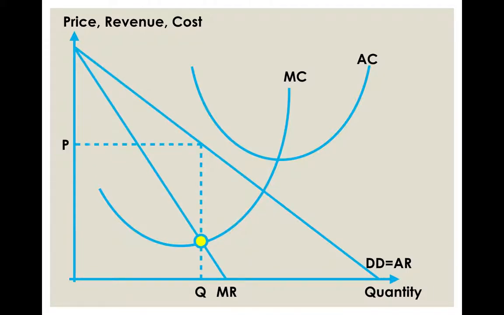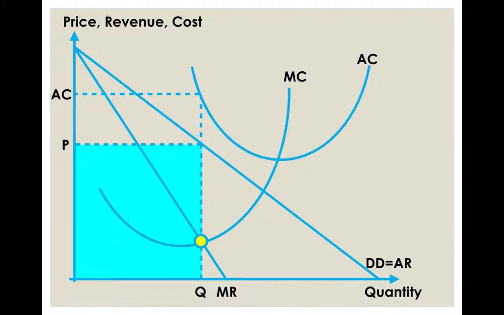Now, what happens if this firm is not able to engage in first degree price discrimination and the AC curve still remains as high as you see in the diagram? Again, its average cost incurred for producing every single unit is given by AC. The total revenue is given by the blue area.